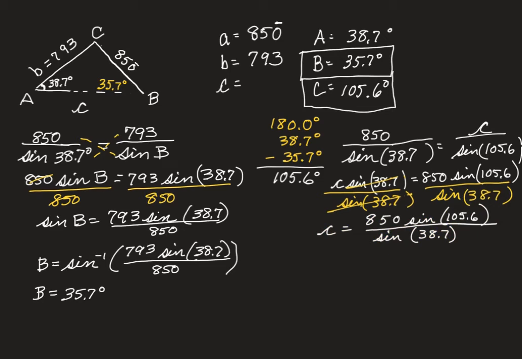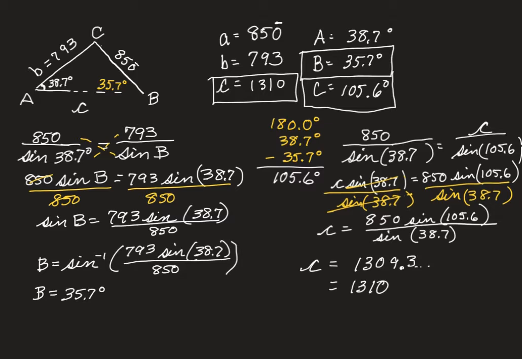Then we turn to the calculator. So side C equals 1,309 point something. We need three significant digits: 1310 is the side C. We have found all three missing parts of this triangle. We have solved the triangle.